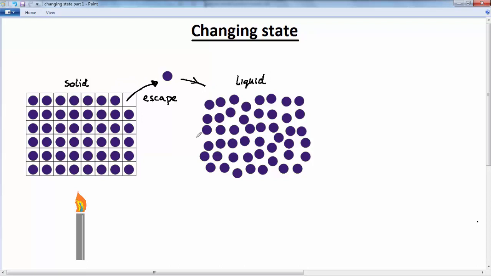In the liquid state, the particles are held by weaker forces, and they are also trapped inside a type of prison, but this is a low security prison. You can imagine it's got a fence around the outside. This fence really represents what we call the surface tension.